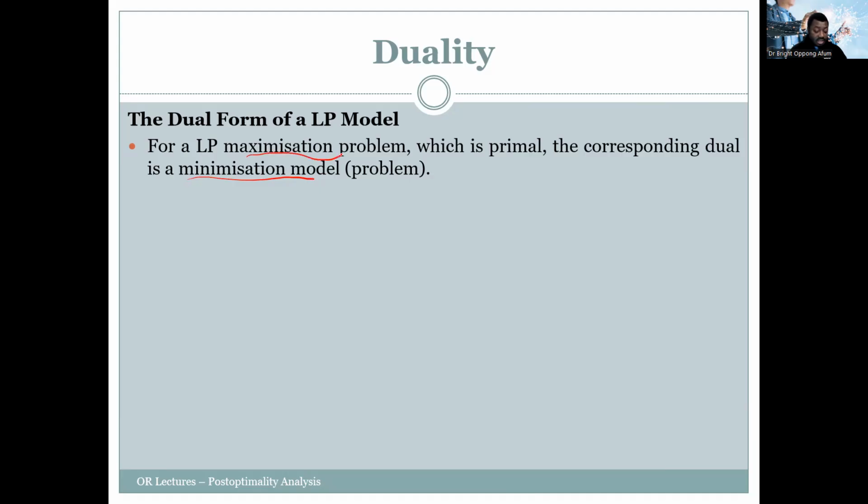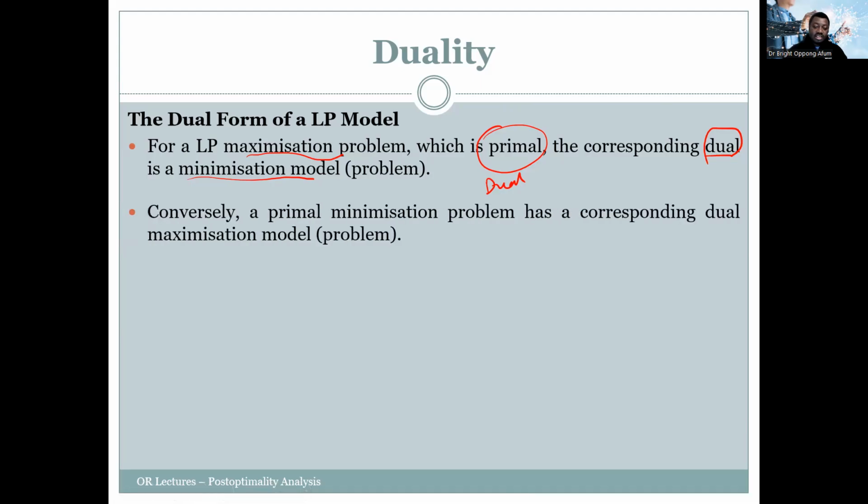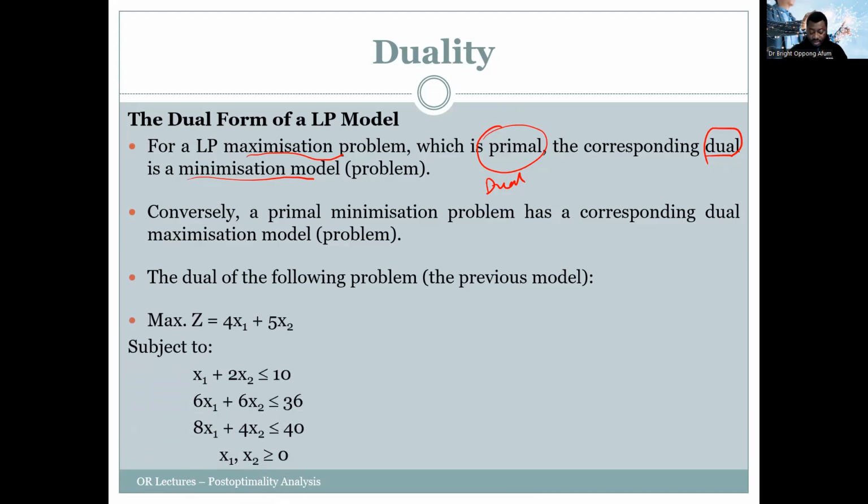So the maximization is primal and minimization becomes the dual. Now, a primal minimization obviously will also be a dual maximization. So assuming we want to create a dual form of this model, it will be a minimization problem.